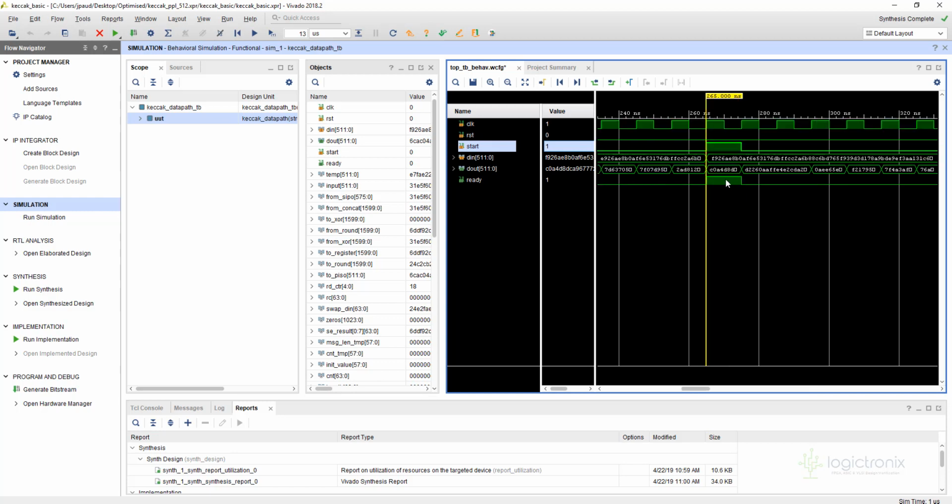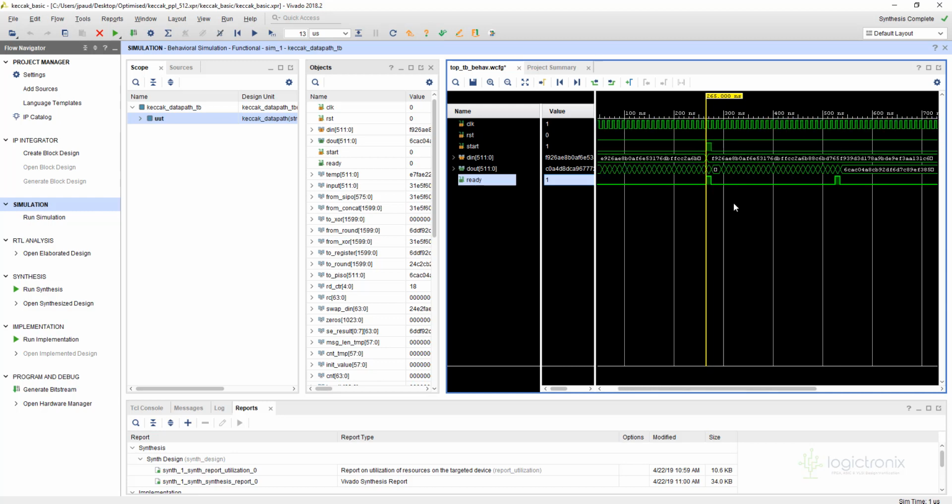When there is a ready signal, this is our required output. The disadvantage of this basic iterative architecture is that only after we get the first output will we be able to give another input. So after the ready signal, we can give another input, and we can assert the start signal again, and then that will give output here.